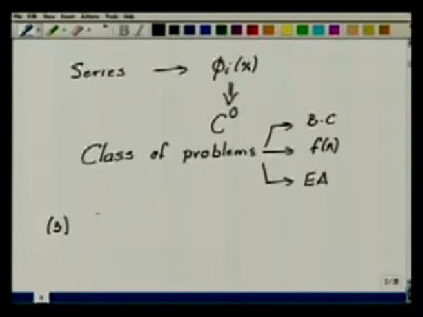Third thing that we obtained was, because these functions phi I were locally defined, that is, the phi I was non-zero in only elements I minus 1 and element I, in that case, what happened is that the integrals were not all non-zero.